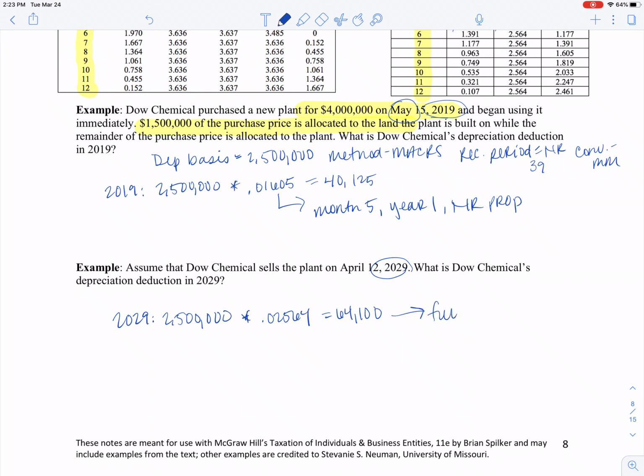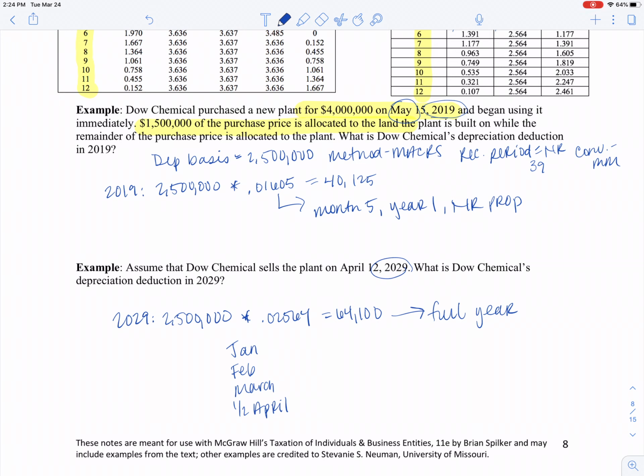We have to fix the table's calculation, because the table doesn't know that we actually sold it in April. So if we're thinking about how much of the year we should get depreciation for, we should get depreciation for January, February, March, and then 1/2 of April.